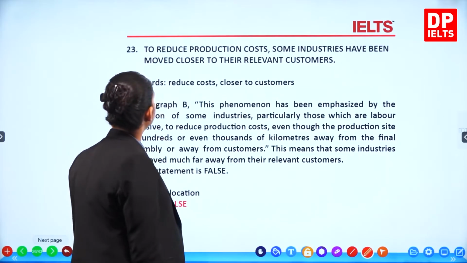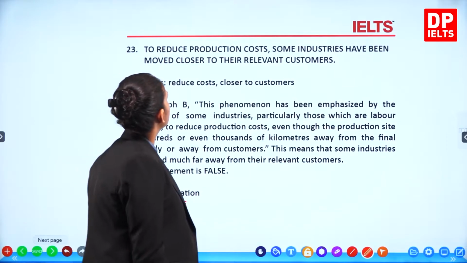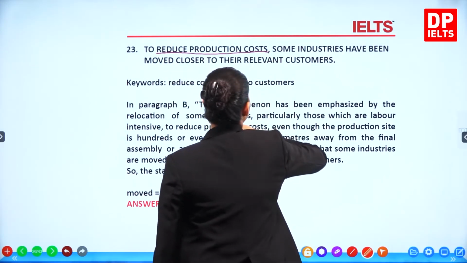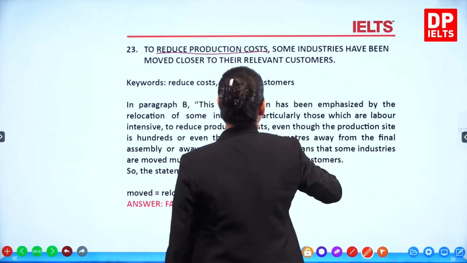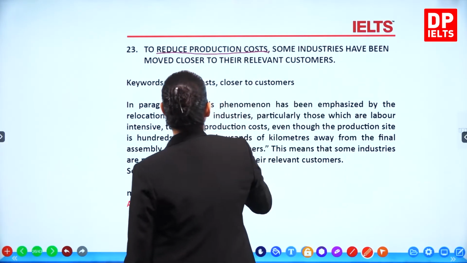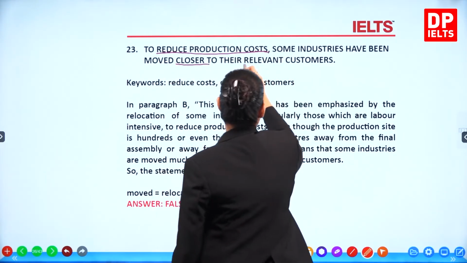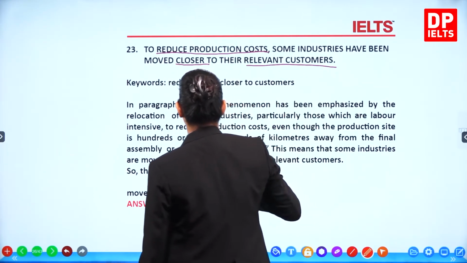Question number 23. To reduce production costs, some industries have been moved closer to their relevant customers. Closer, relevant customers.